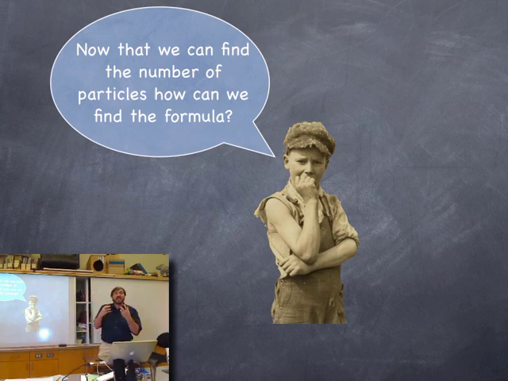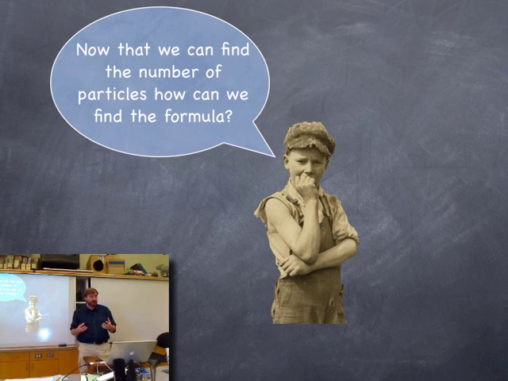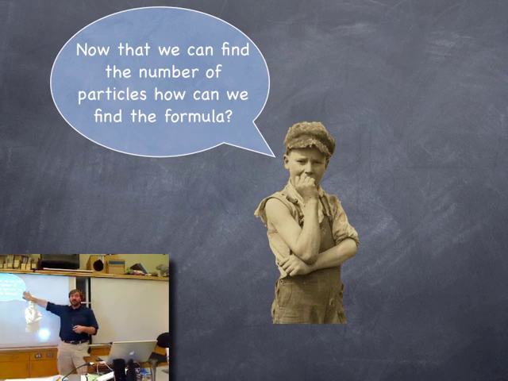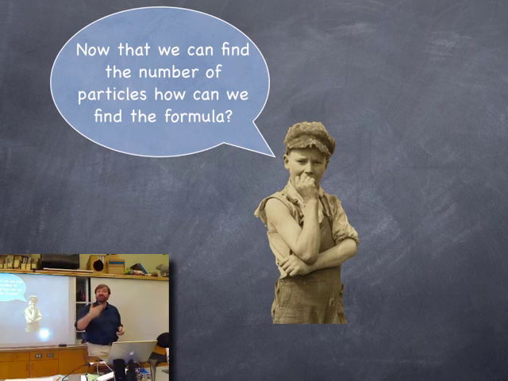But what we really want to get to is the chemical formulas. We want to know what the substance is. To figure out the chemical formulas, we need to know the number of particles, because a chemical formula is simply a ratio of the number of particles.